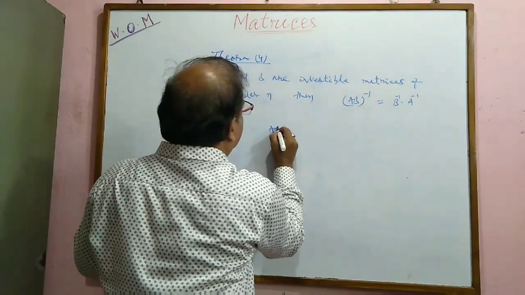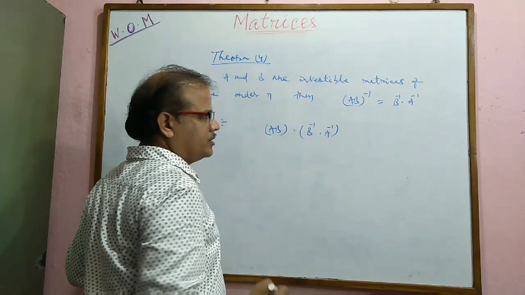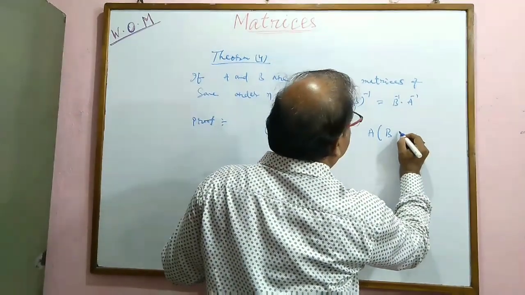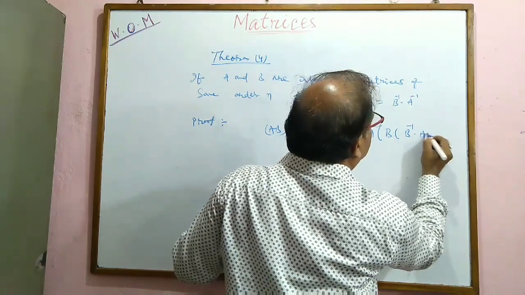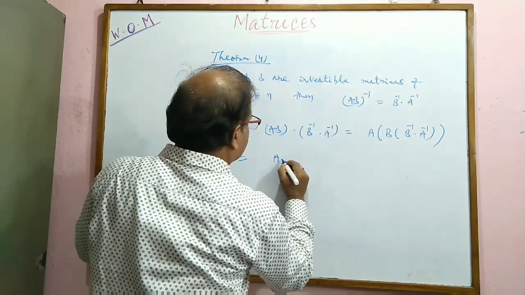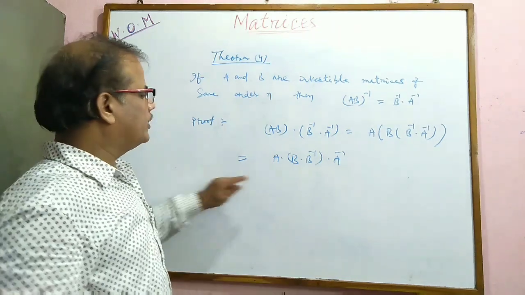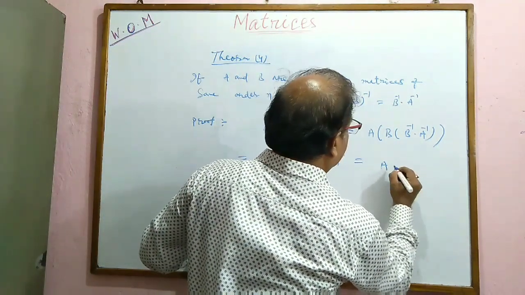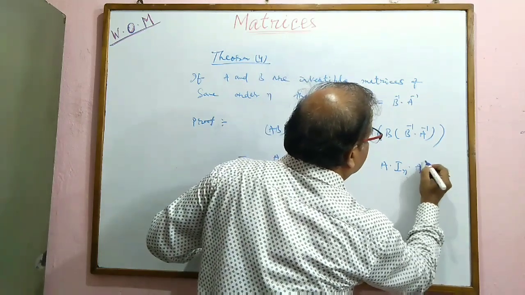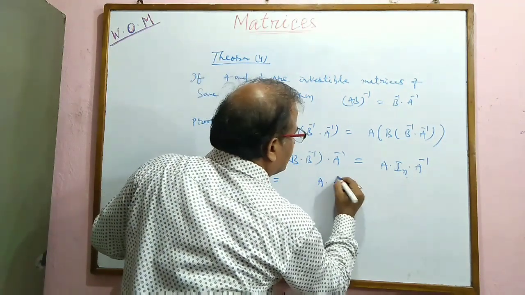AB into B inverse into A inverse is equal to A into B into B inverse into A inverse by associative property, that is equal to A into B inverse into A inverse, again associative property, that is equal to A into identity matrix of order n into A inverse, that is equal to A into A inverse, that is equal to I_n.